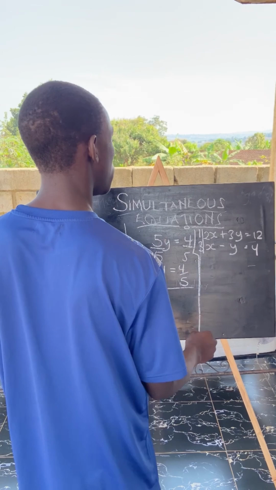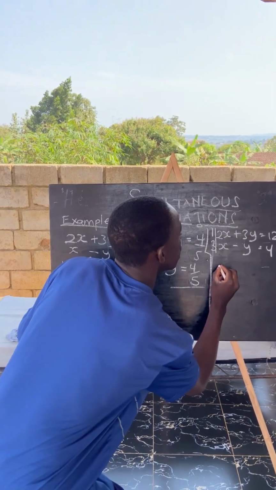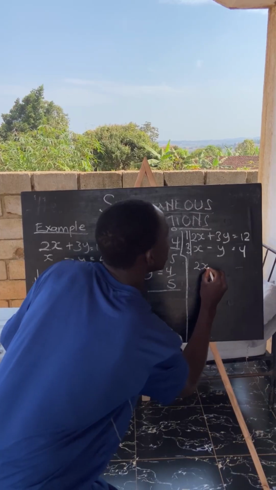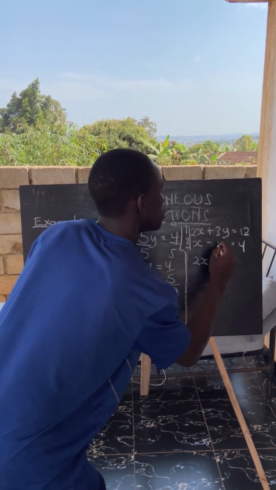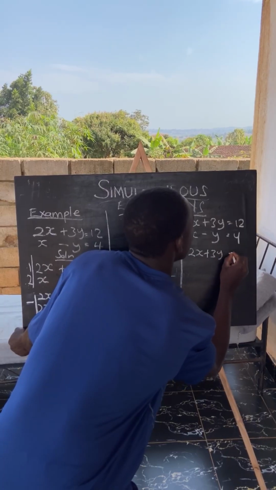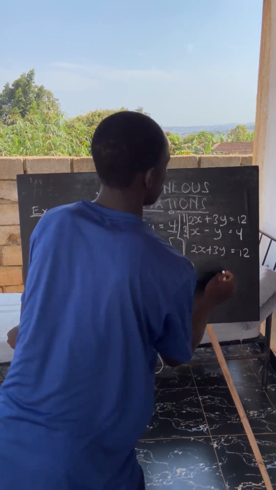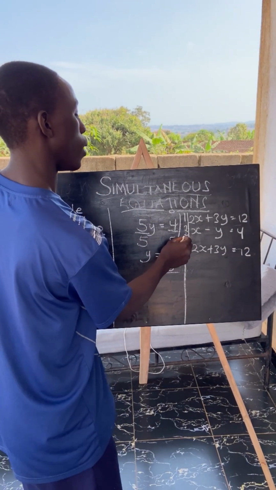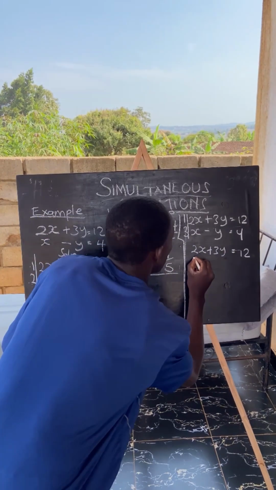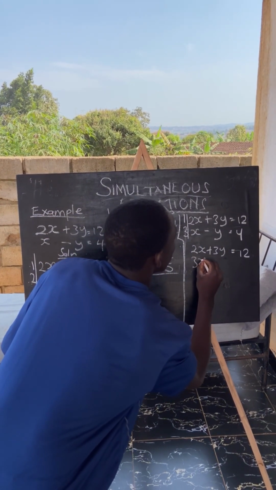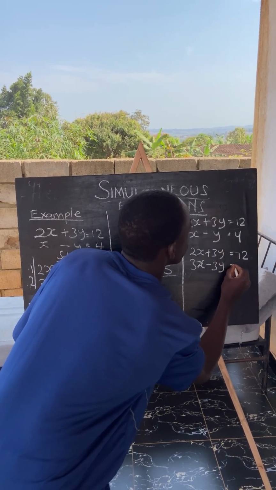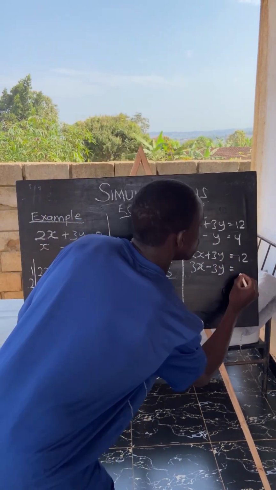Again, we are going to multiply as we did previously. So it will be 1 times 2x, which will be 2x, and 1 times 3y, which will be 3y, equaling to 12. So again, we are going to multiply down 3 throughout, which will be 3x minus 3y equaling to 3 times 4.